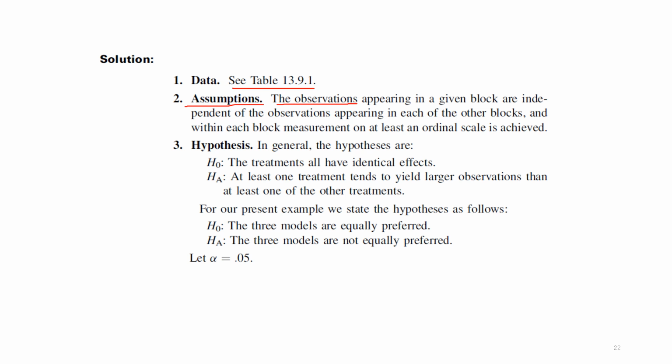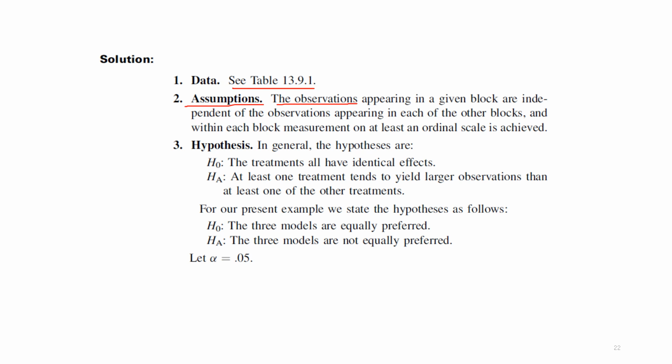So in that case, the therapist is regarded as a block, and we control for them by block. Within each block, measurement at least on an ordinal scale is achieved. So within each therapist, we put 1 or 2 or 3.